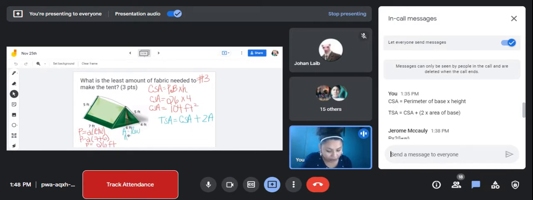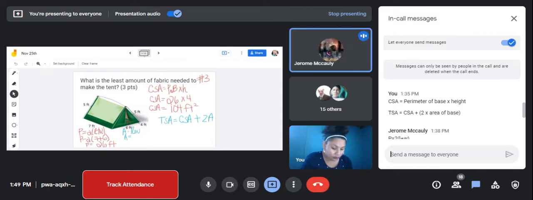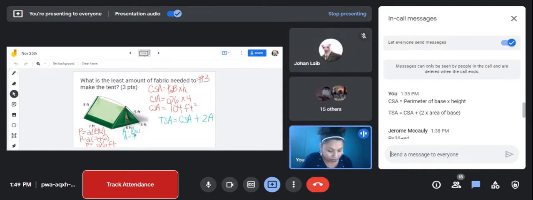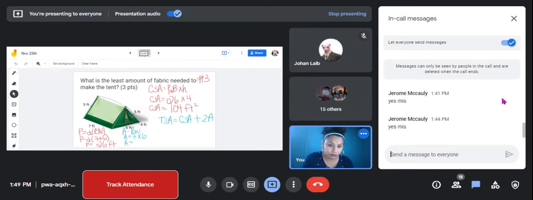The length is 7 and the width is 6. So what is 7 times 6? 42, miss. Very good. Feet, and because it is area, it will be squared.